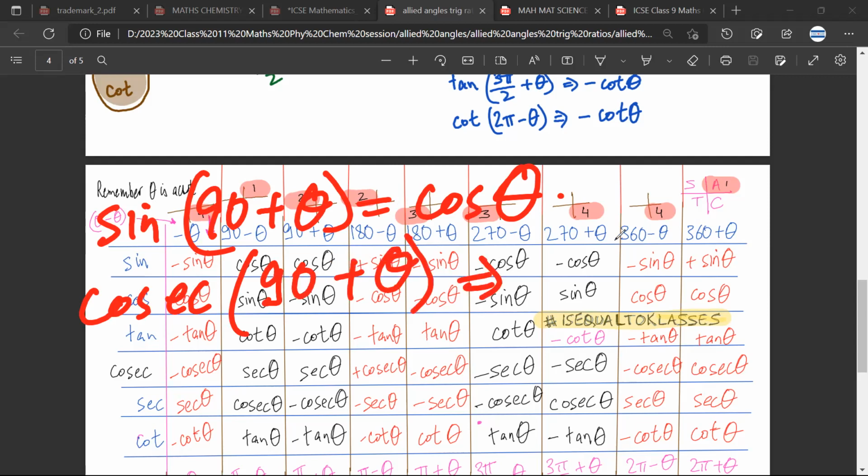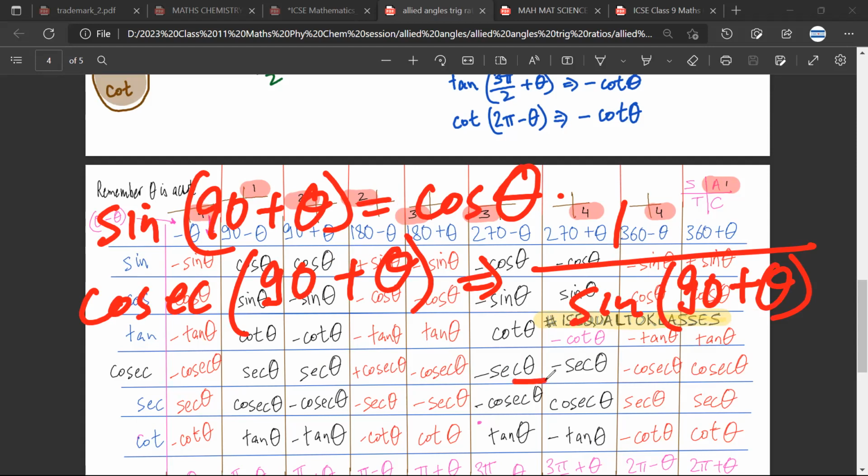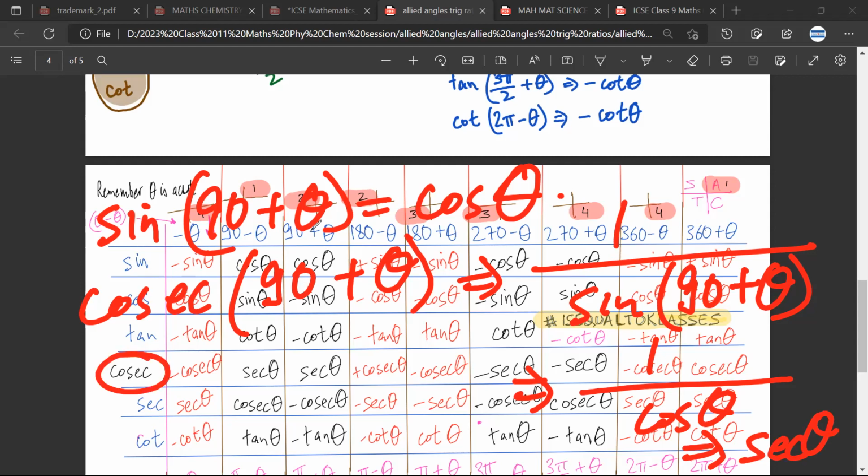Cosecant 90 plus theta is anyways 1 upon sine 90 plus theta. And I have calculated that sine 90 plus theta is cos theta, so this would be 1 upon cos theta. And 1 upon cos theta is secant theta. So cosecant 90 plus theta is equal to secant theta.